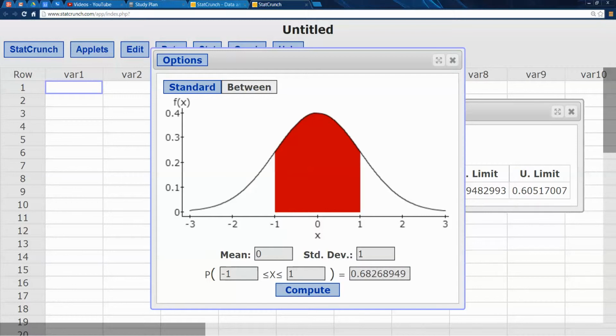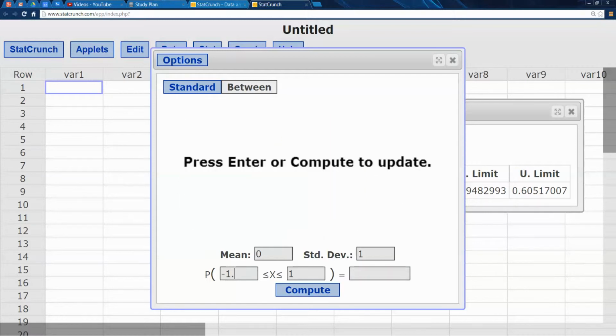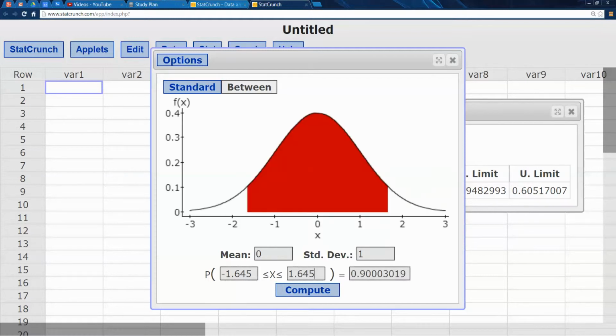What I'm trying to show you is that this center part is 0.90, so you have two little tails. The two tails together have to make the complement, so you've got 0.10 together in the two tails. Each tail individually is 0.05.